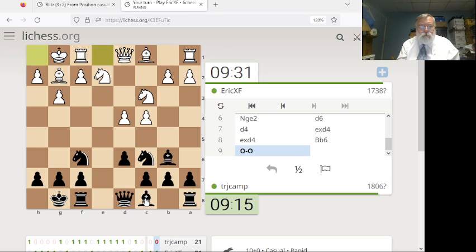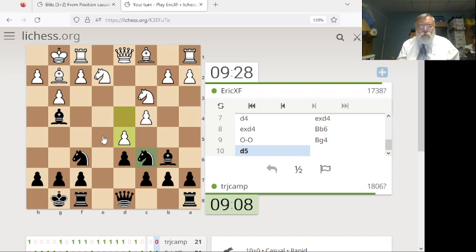Okay. It's not quite the same as last time, is it? There's some subtle differences. Yeah, there's some subtle differences.